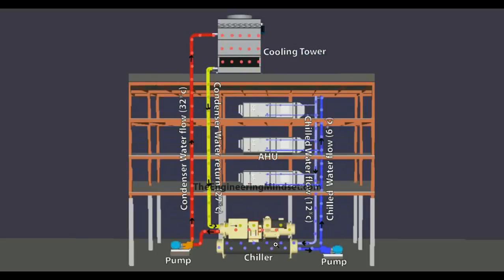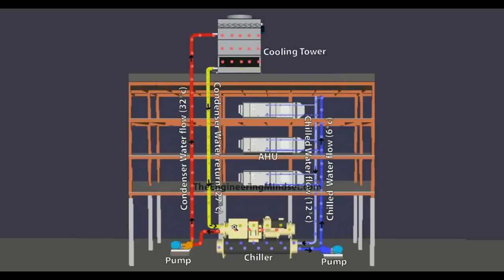Now the heat that leaves this circuit is transferred via a refrigerant over to the condenser. These two systems are completely isolated from each other. There is just a refrigerant which transfers the heat between these two circuits.